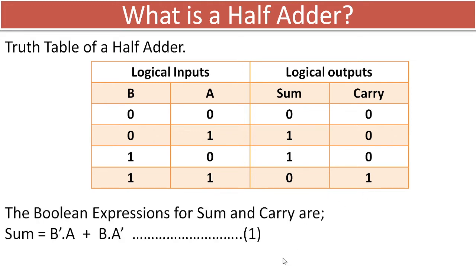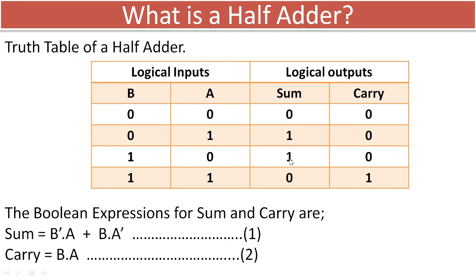So if we write down the expressions for sum and carry, if we consider the table for sum, it is 1 when the input is B bar A. Similarly, it is 1 when the input is B A bar, that means B is 1 and A is 0. And in both these cases, if the combination is 0 1 and 1 0 at the input, we will have an output high at the sum output.